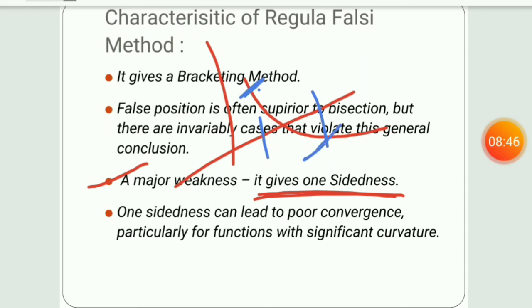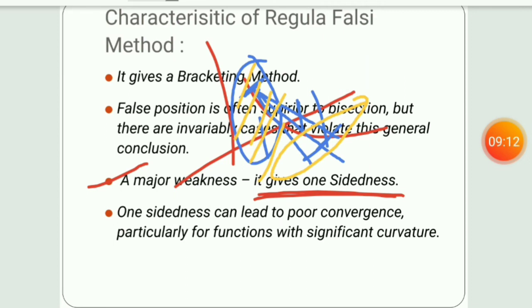What we used to do is draw a straight line between these two points, and then, at each iteration, draw a further line. So what is going to happen? One end of the interval gets fixed and the other end keeps changing every time. That means one end is becoming fixed. That is called one-sidedness. This value is fixed for calculation and only the other is going to change.